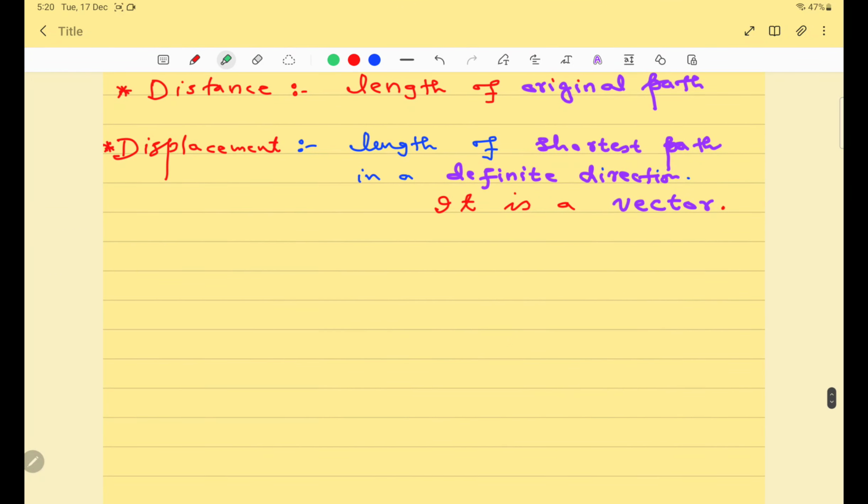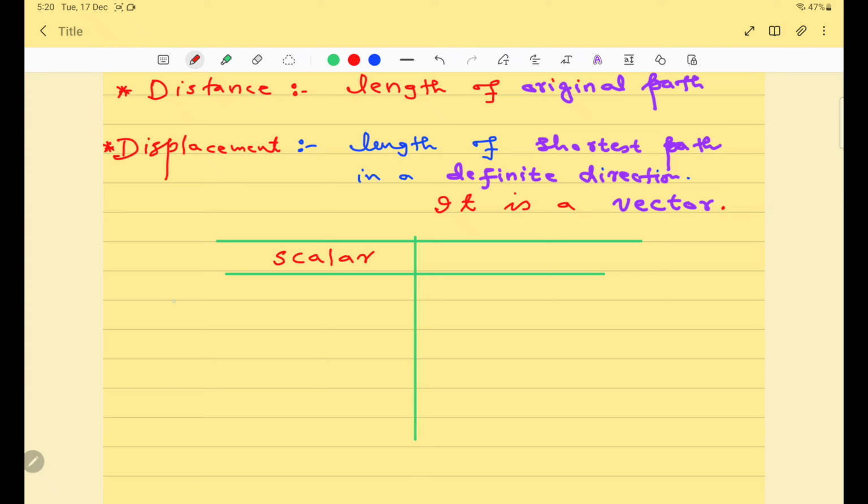And as I noted, you do not know the difference between scalar and vector, so I am writing their definitions as well. Scalars are those physical quantities which have no direction or no fixed direction.